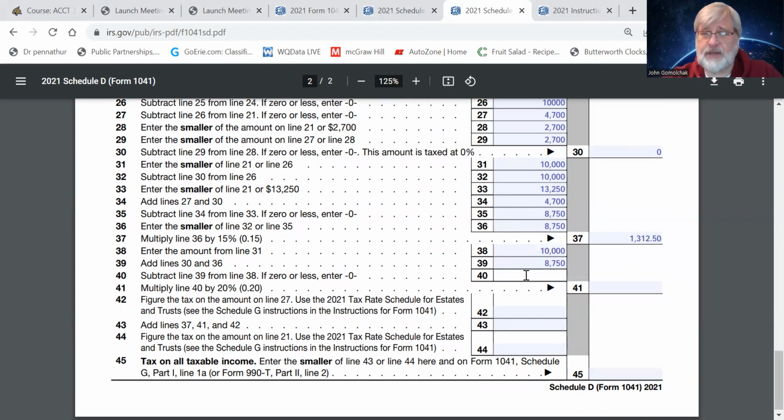This is going to be 1,250. Line 41, multiply line 40 by 20%. Okay, so 1,250 times 0.2, $250.